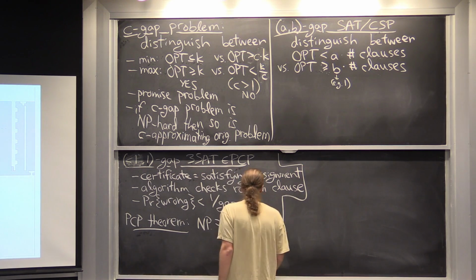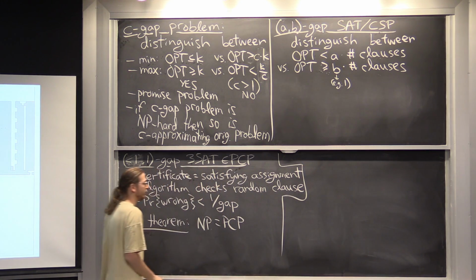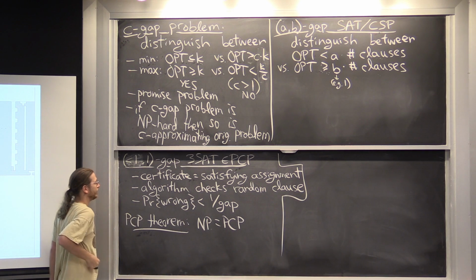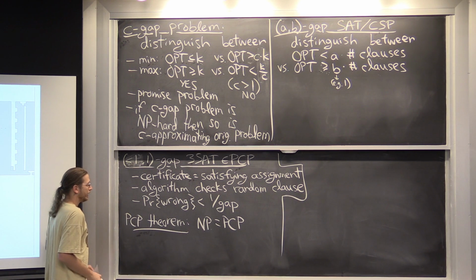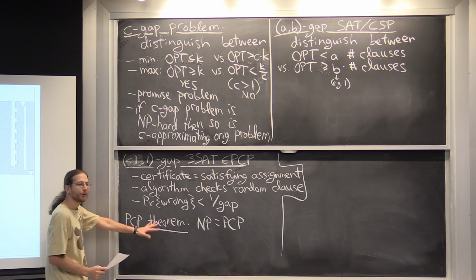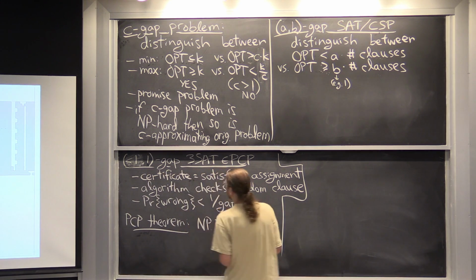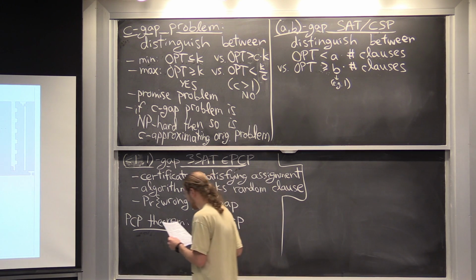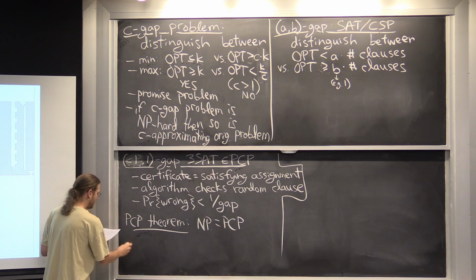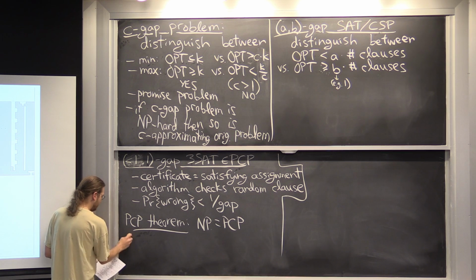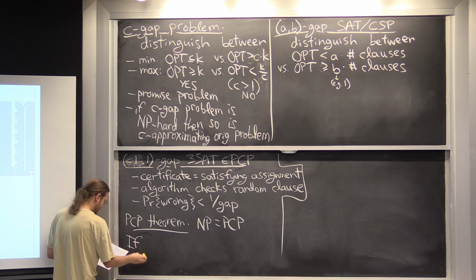It does use reductions and gap amplification, but it's technical to prove. But I will give you some more motivation for why it's true. So, for example, here's one claim.